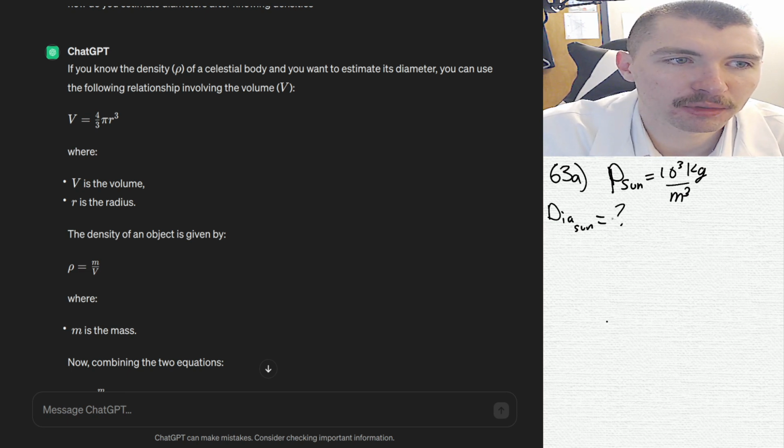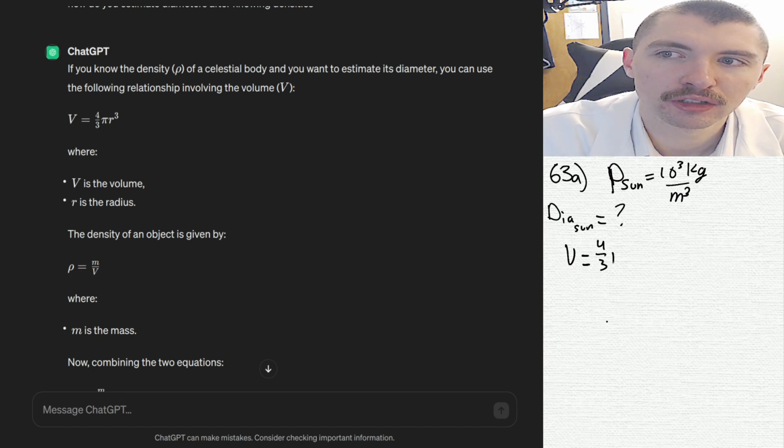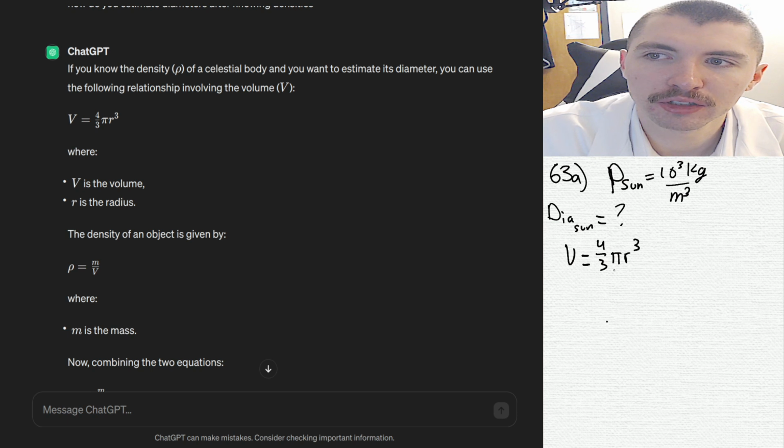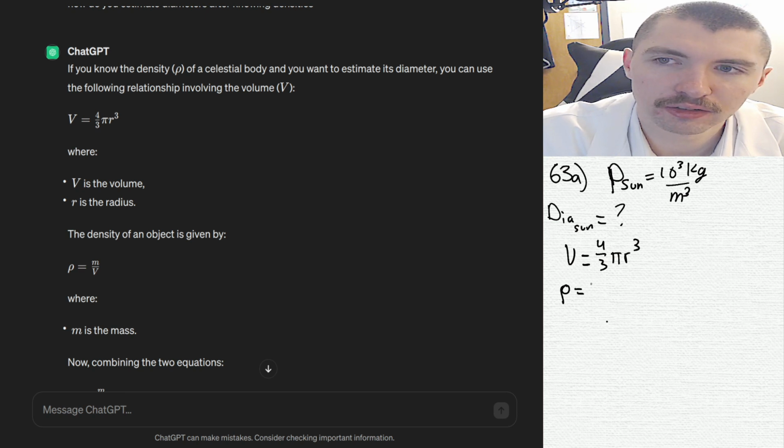If you want diameter, you can use the volume relationship. We know the volume of a sphere is roughly 4/3 pi r cubed. So density is mass over volume.